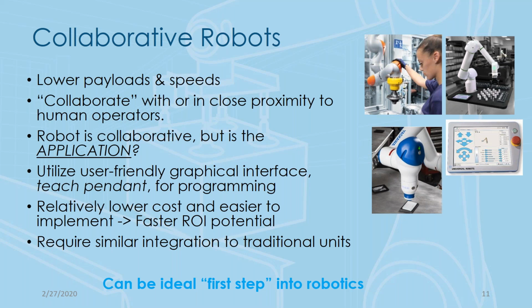Okay, so that was really just talking through the tools in the toolbox as we mentioned, and now an additional layer above that technology is the idea of collaborative robots. That's what we're referring to as cobots previously. And the whole idea there, as the name implies, is they're able to collaborate with or work in close proximity to human operators.